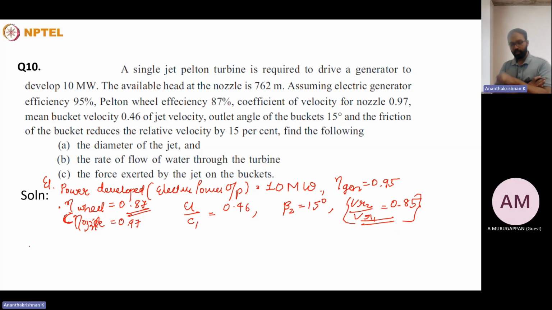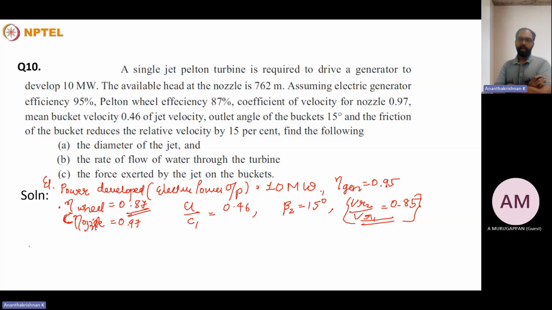The discharge we have seen how to calculate, but the velocity we need to calculate using the coefficient of velocity of the nozzle. At the inlet to the nozzle, the velocity of the water will be equal to root of 2gH, based on the head available or the height from which the water is coming.